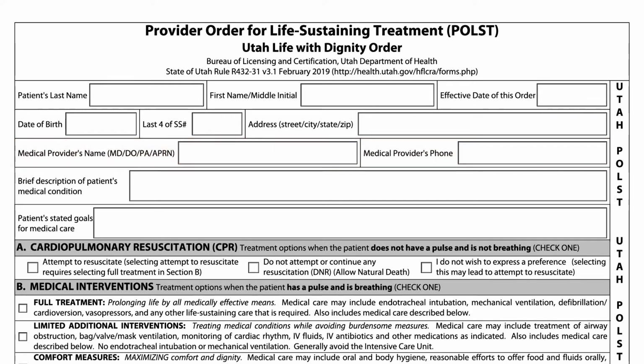Describing the medical diagnoses is very important so that the patient's serious illnesses can be documented. But the next section, where it says patient stated goals for medical care, is really more about what gives them joy in life. What makes life worth living? Why would they want to have a medical intervention?